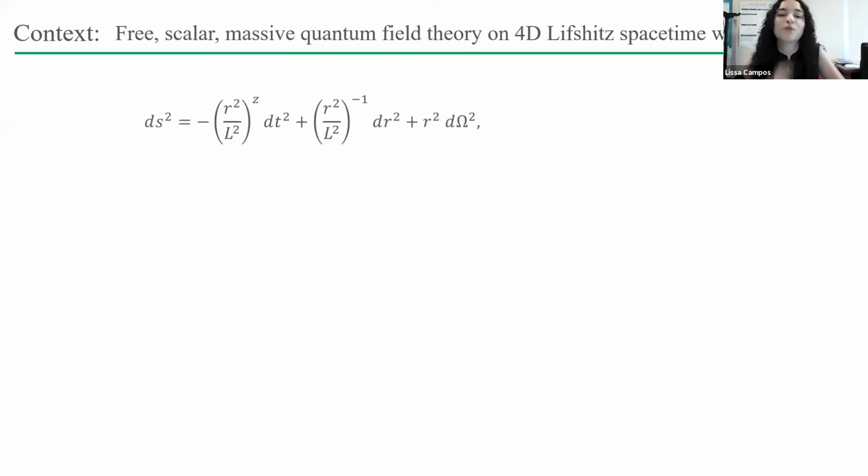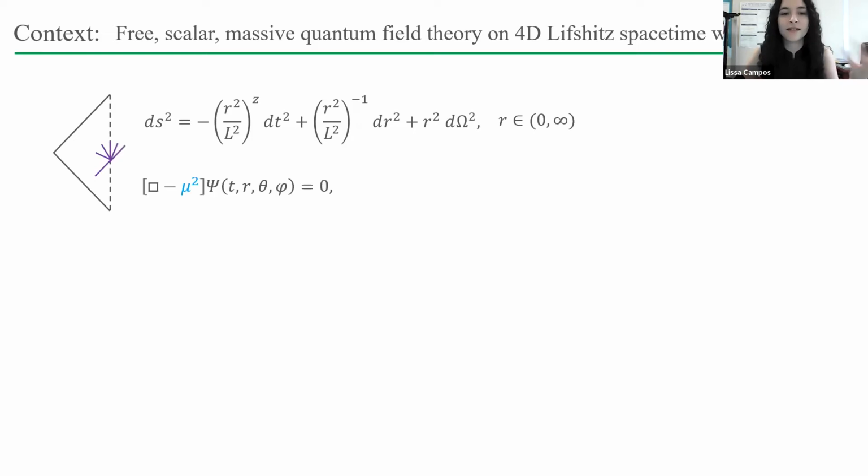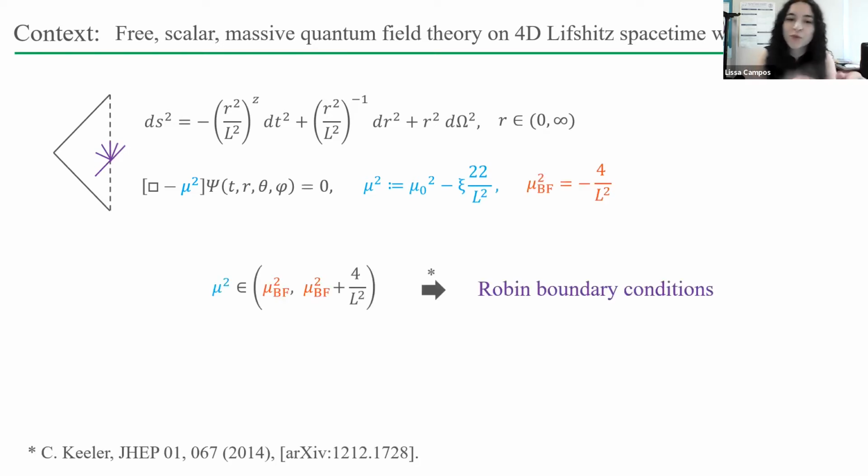So the idea is this is Lifshitz spacetime, the 4-dimensional one. We have a singularity at r equals 0 and the Lifshitz boundary at infinity. If you consider a massive field on it ruled by the Klein-Gordon equation, for certain values of the effective mass mu, actually for negative values of the effective mass, we can impose different boundary conditions from Dirichlet, so Robin boundary conditions at the boundary.